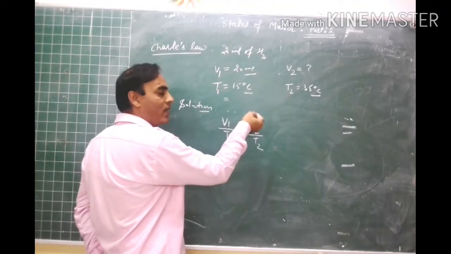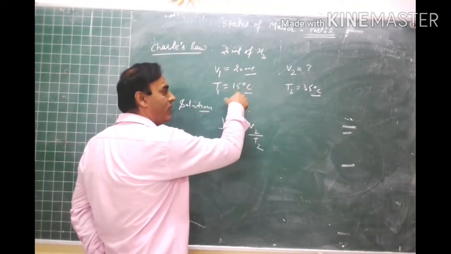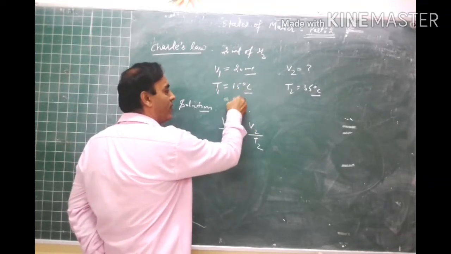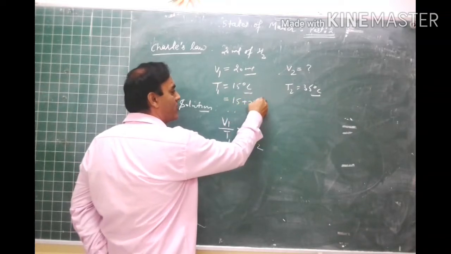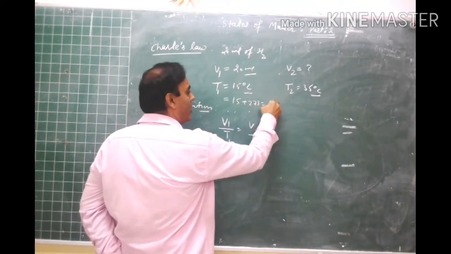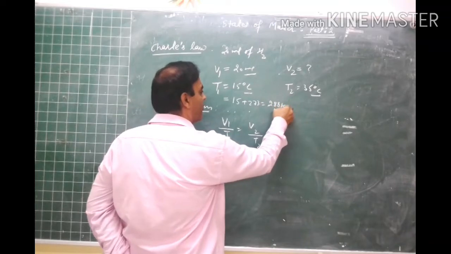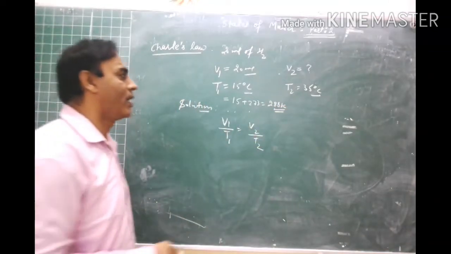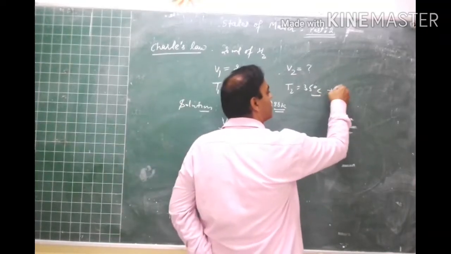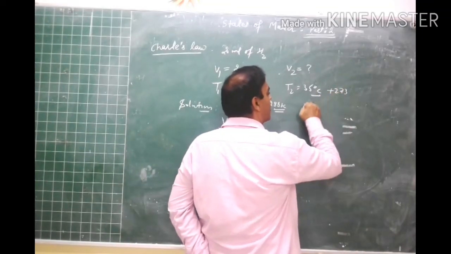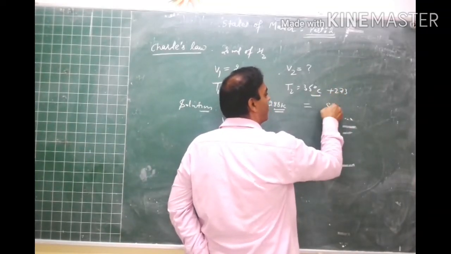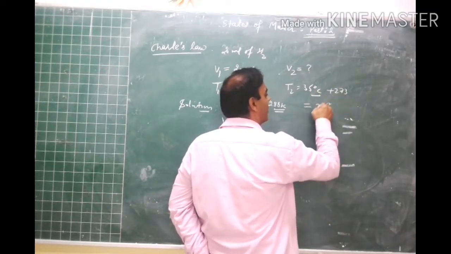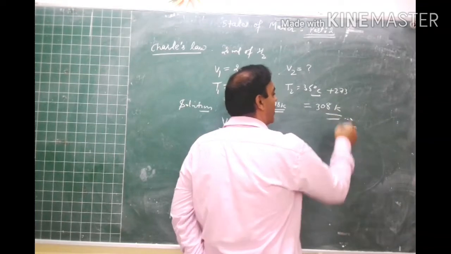It is very simple, simply add 273 to 15, that is 15 plus 273, so this will be 288 Kelvin. So to convert degree Celsius to Kelvin, we add 273. Here also change it to Kelvin, and this will come out 308 Kelvin.